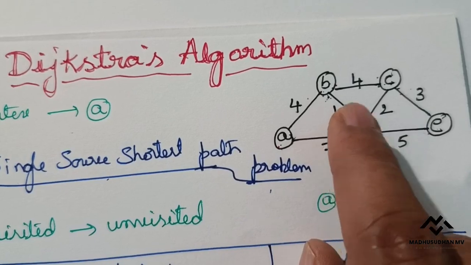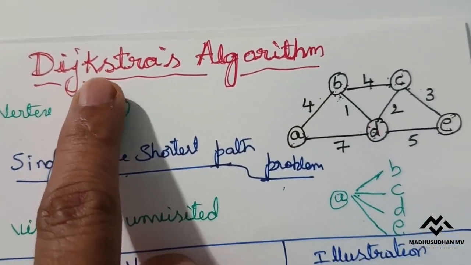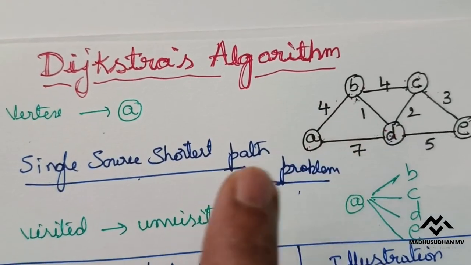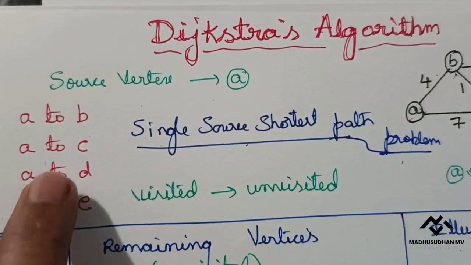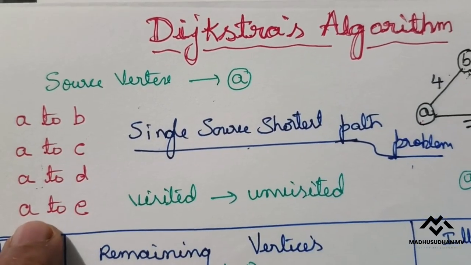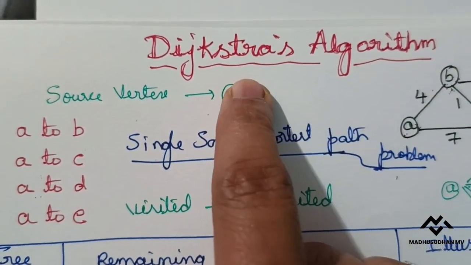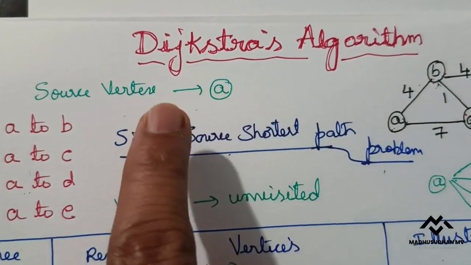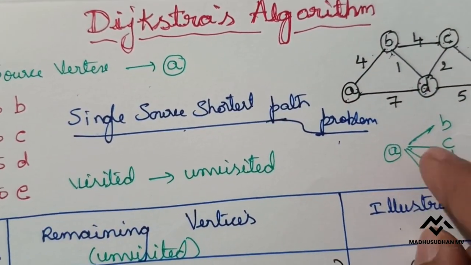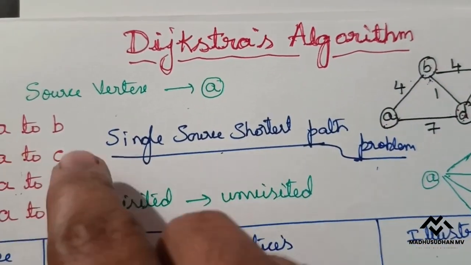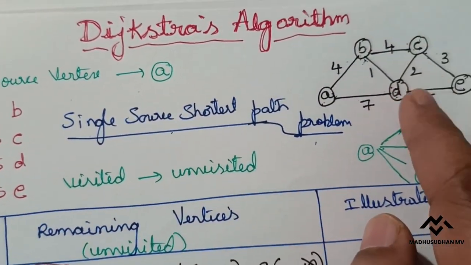If the edges are positive, then Dijkstra's algorithm will find the shortest distance from a single source to all other vertices. This is what we discussed in my previous video. That means Dijkstra's algorithm finds the shortest distance from the given source vertex to all other remaining vertices correctly if all the edges are positive.